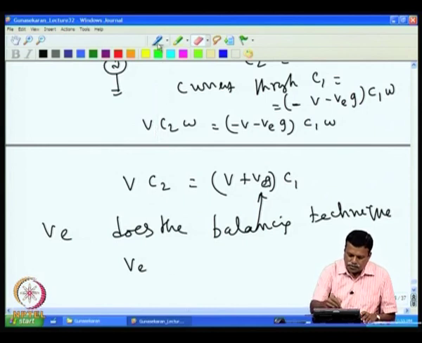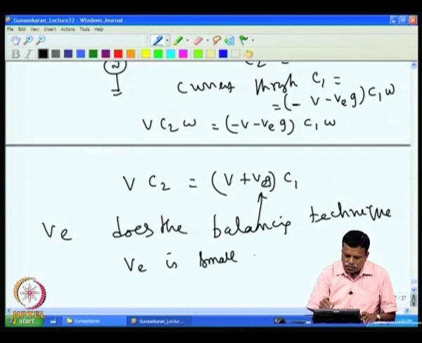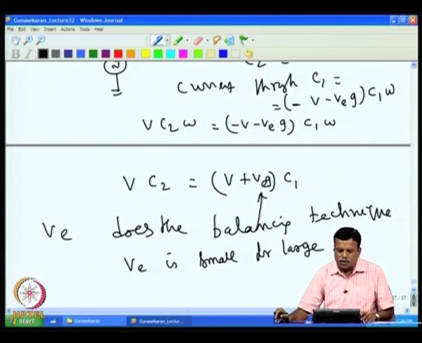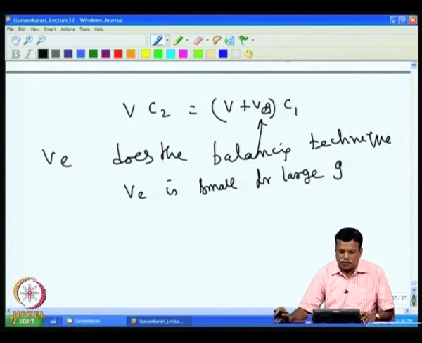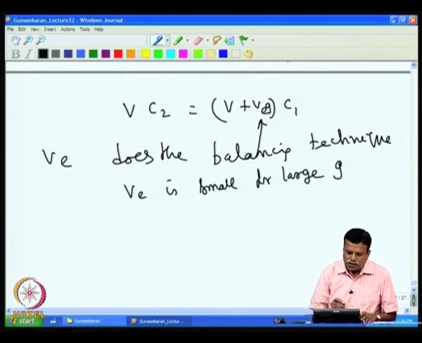If V is small for large C. So, actually, if you write the equation for C1 and C2, C2 is coming for displacement, A by t plus x.